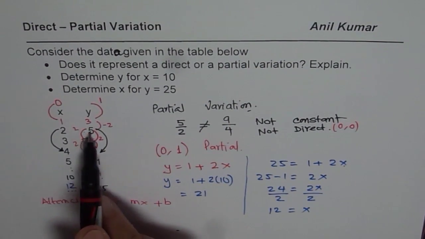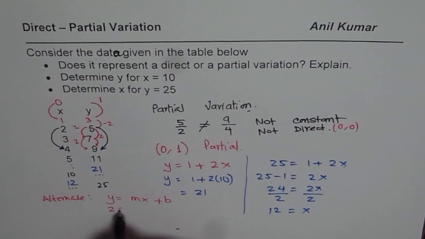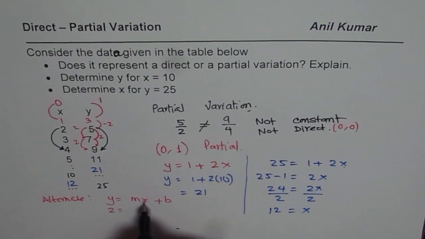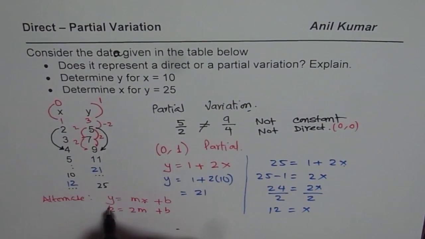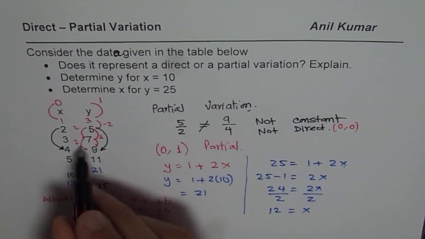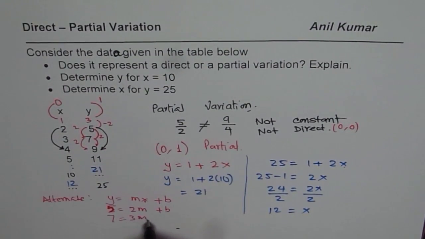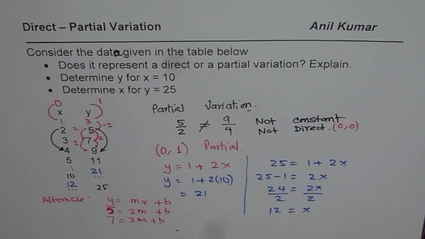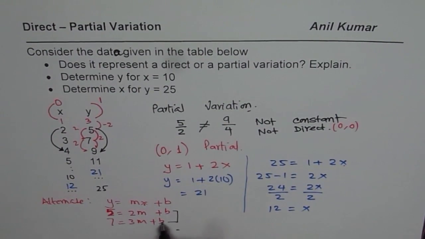So we can write 5 for y equals to 2 for x, that means 2m plus b. That becomes one equation. And 7 and 3 for x, 3m plus b. Now from these two equations, we can take away one from the other. So we get the value of m, right?